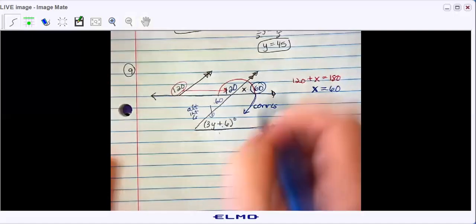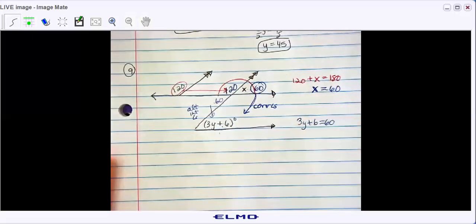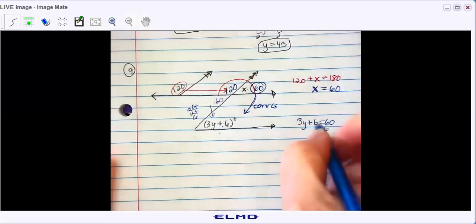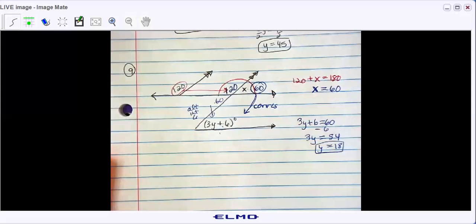So we would say 3y plus 6 is equal to 60. Okay, we would subtract 6 on both sides. So 3y equals 54, and y would equal 18. Questions on that one?